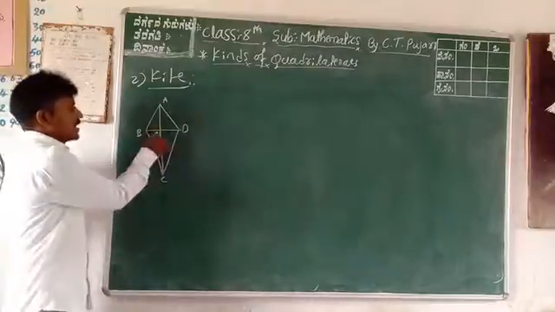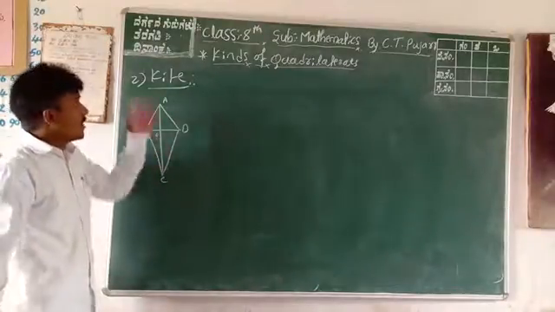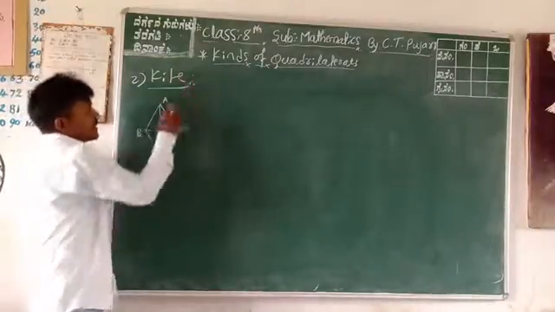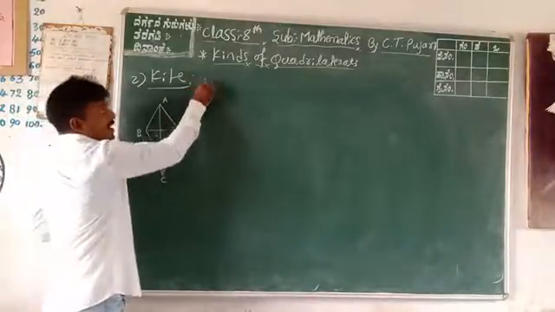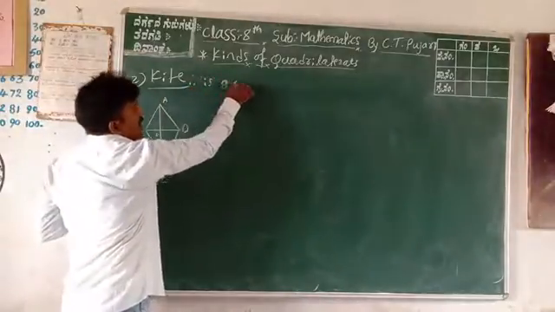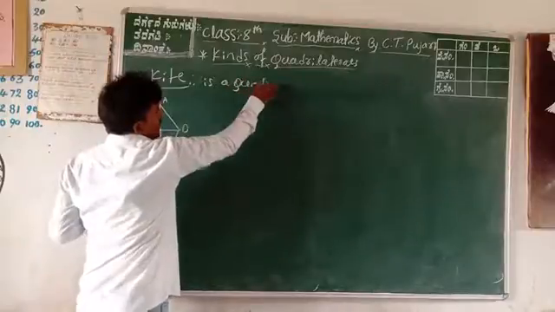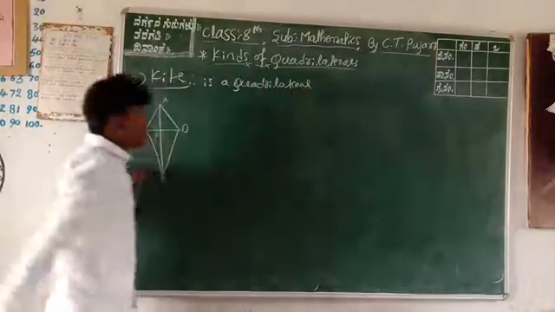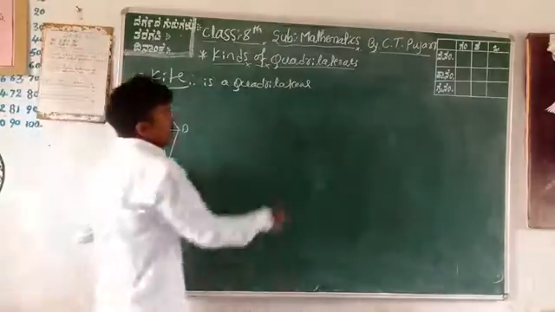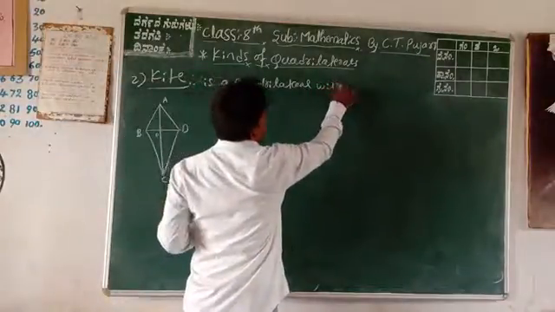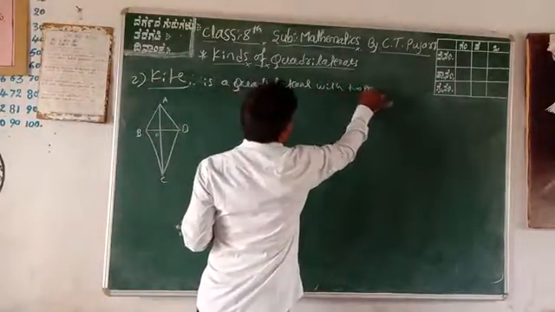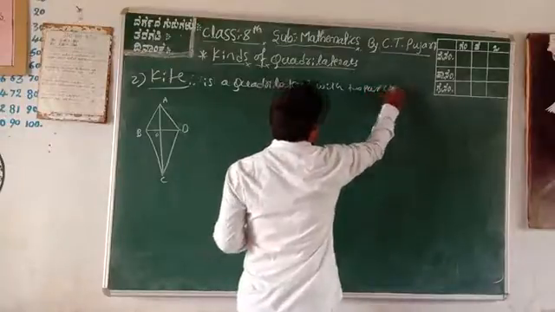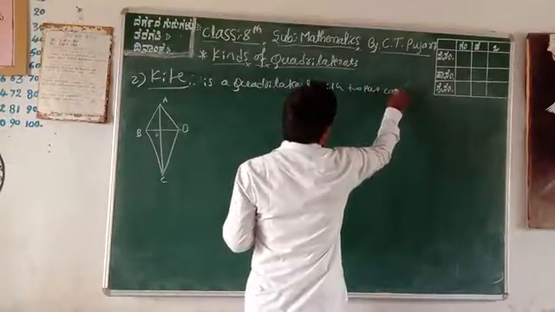Okay, we can consider O. What is the kite definition? A kite is a quadrilateral with two pairs of corresponding sides equal.